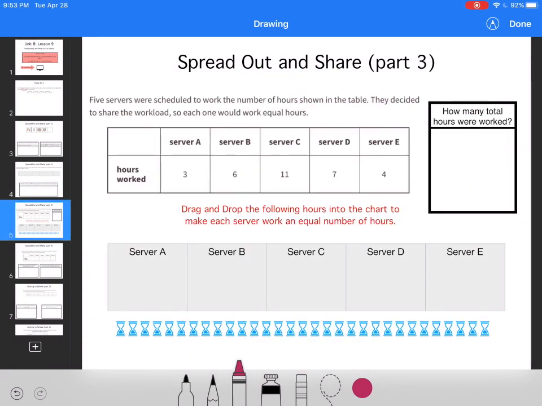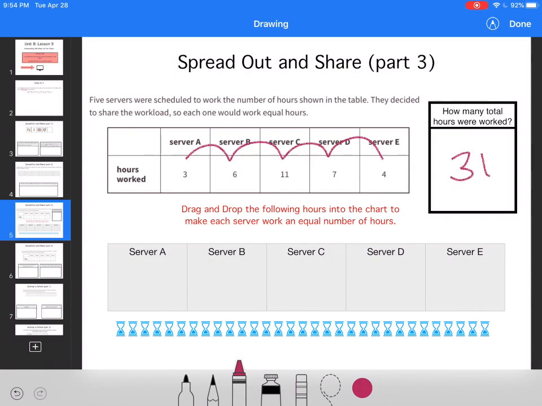All right, so now it says 5 servers were scheduled to work the number of hours shown on the table. They decide to share the workload so that each one would work equal hours. So they ask how many total hours were worked. Well, that's 9, 20, 27, 31. So that's 31 hours.